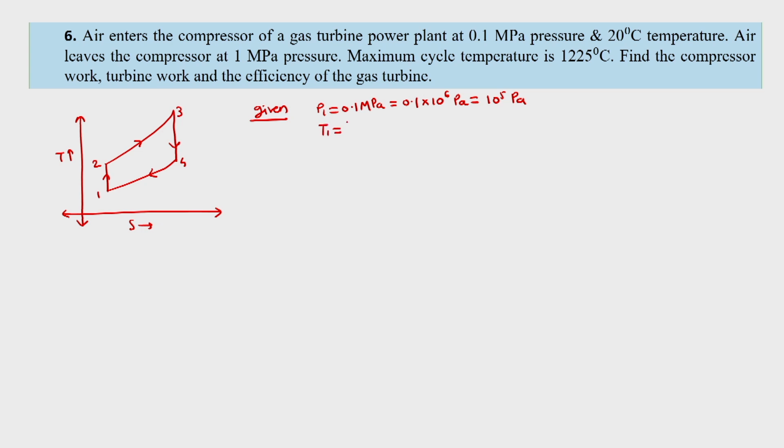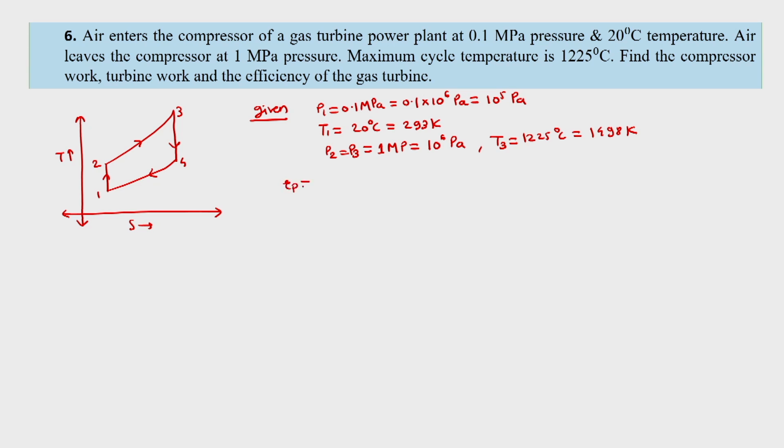T1 is 20 degrees Celsius, and then it is 293 Kelvin, and we are told that P2 is equal to P3 is equal to 1 megapascal. So it is 10 to the power 6 pascal. Further, it is told to us that T3 is 1225 degrees Celsius, and that is 1498 Kelvin.